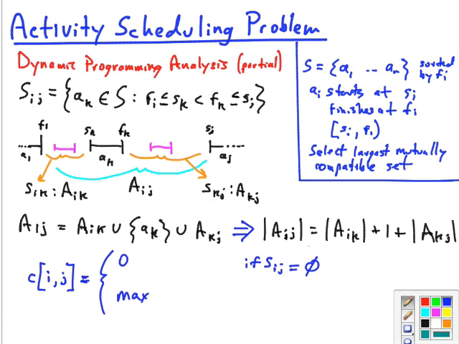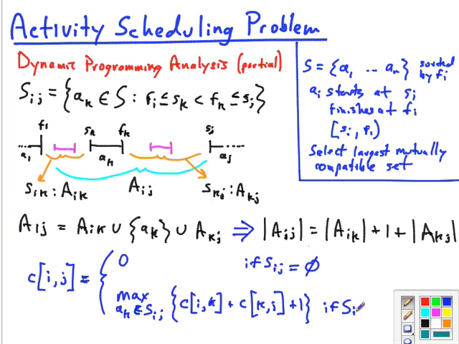We try all possibilities. We check all A_k in the set of options, S_ij. So we're going to look for the maximum, such that this value is maximized. And this is the recursive part: C_ik, that's for this thing here, plus C_kj, that's for this thing here, plus 1. And this, of course, is for if S_ij is not null.